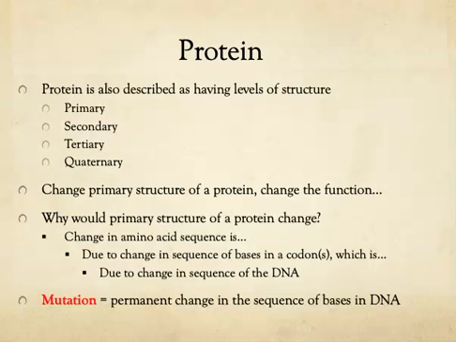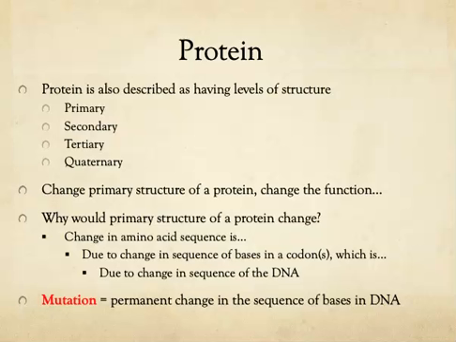Those weak attractions will create the folding that occurs for each different protein. The tertiary structure of a protein is that 3-dimensional folded shape. And of course, the quaternary structure is a term used to describe multiple tertiary proteins that come together and function as a unit.